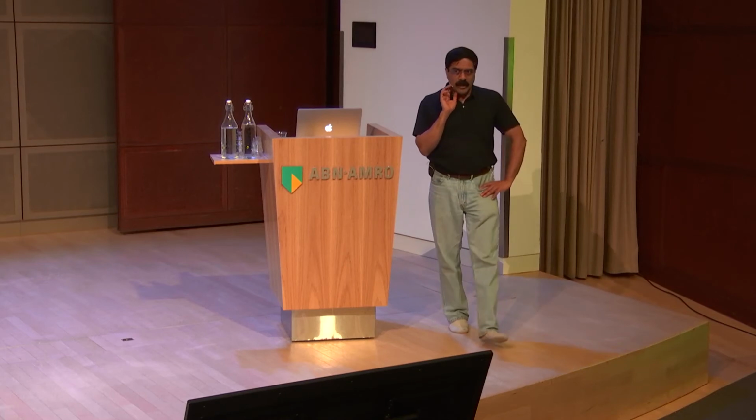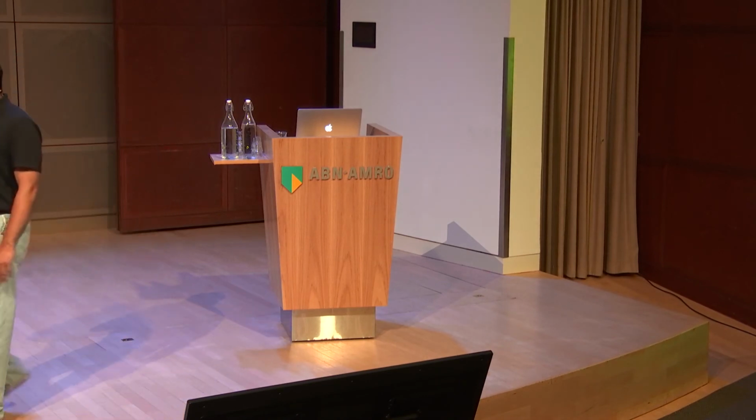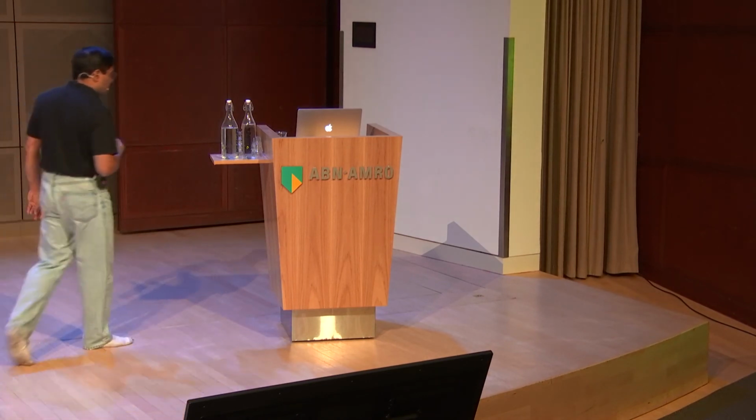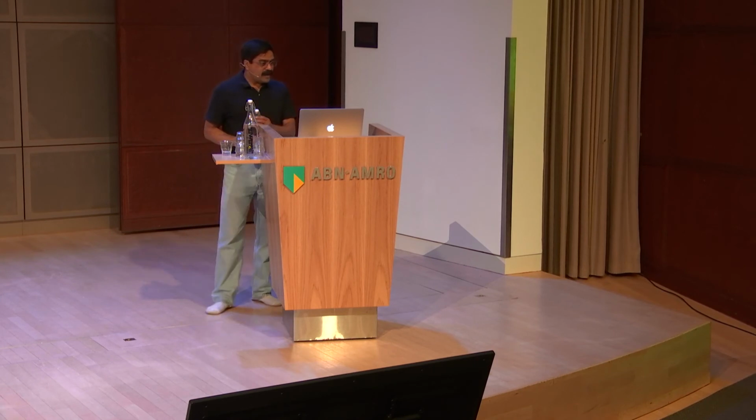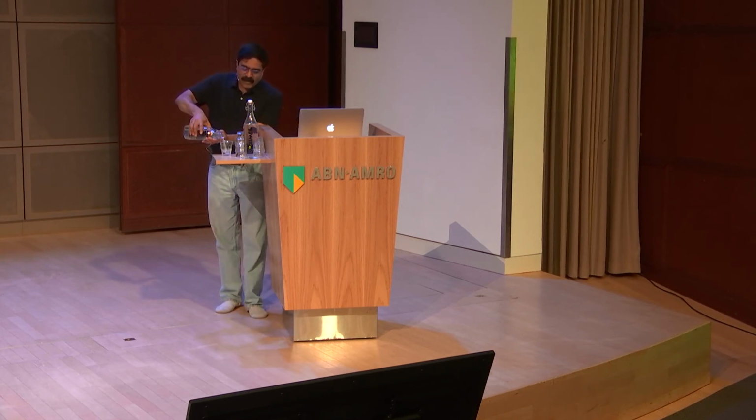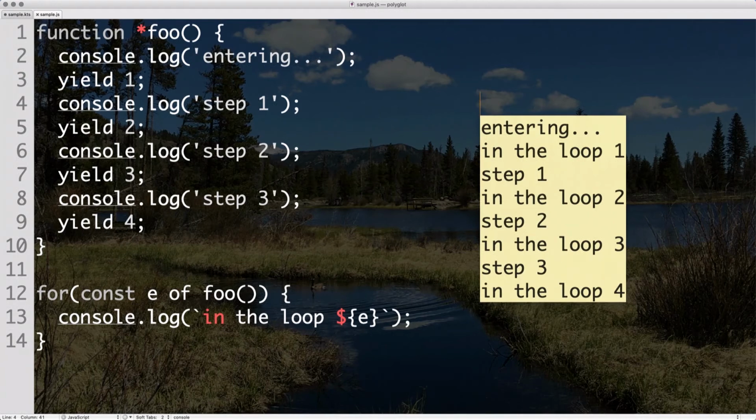This feels a little weird in the beginning. But what you noticed is that you entered the function on line number 2. But you exited the function on line number 3. Then you entered it on line 4. And then you exited on line 5. So you have multiple entry points and multiple exit points, isn't it?